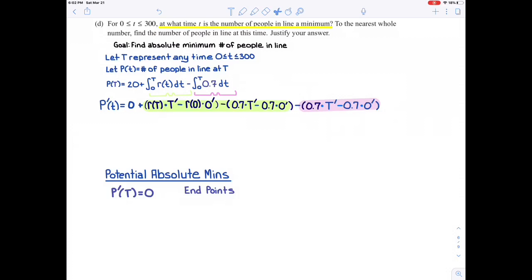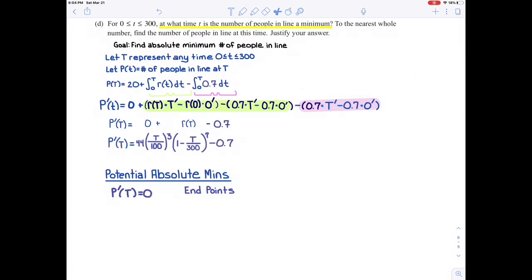To take the derivative of an integral, you use the second fundamental theorem of calculus by substituting the upper bound, multiplying by the derivative of the upper bound, minus substitute the lower bound, times the derivative of the lower bound. When we simplify, we get this. Then I'm going to go ahead and substitute the equation R of t. This isn't necessary, but it just makes it easier for me to explain.